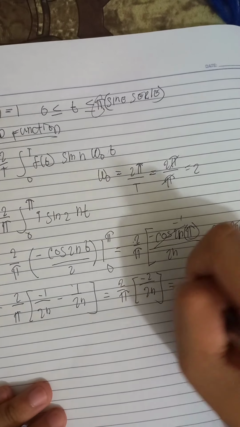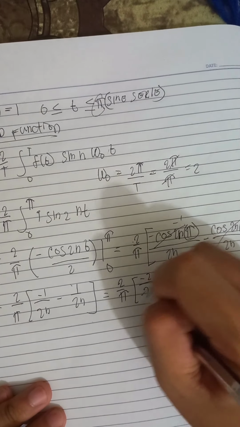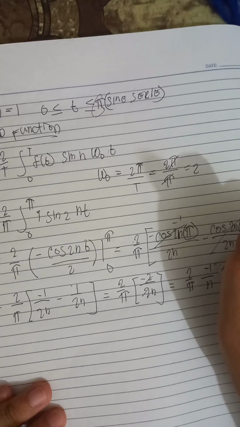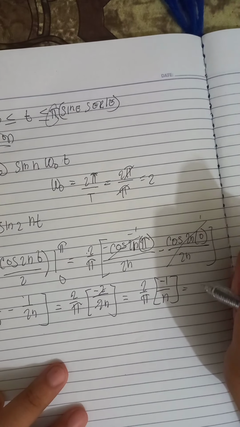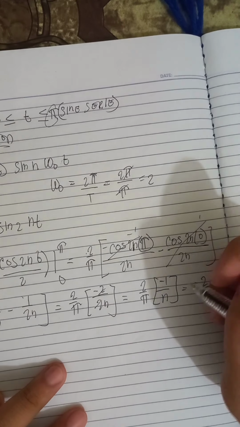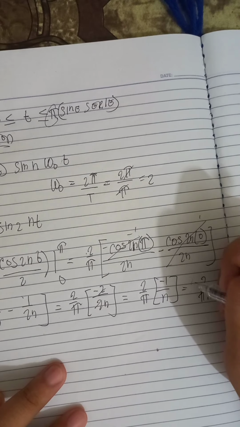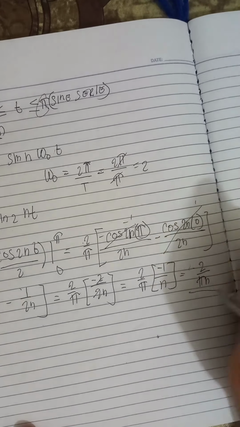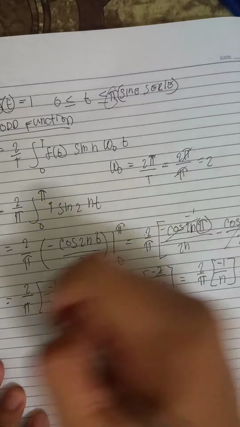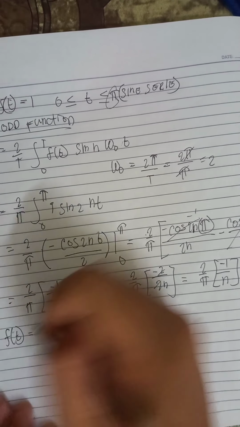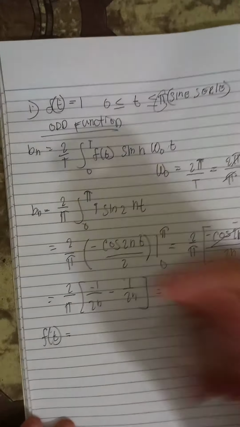So it equals 2/π times negative 1 over 2n minus 1 over 2n, which is 2/π times negative 2 over 2n, and to simplify it becomes negative 2/(πn).